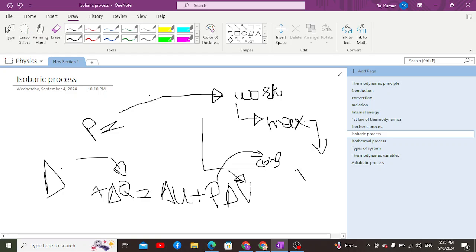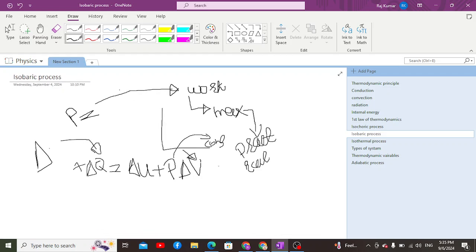In practical conditions, that is the reason most of the heat engines, all of the heat engines in our cars, are basically having an isobaric process occurring in them, because in those systems the heat energy provided causes the work done on or by the system to be maximum.